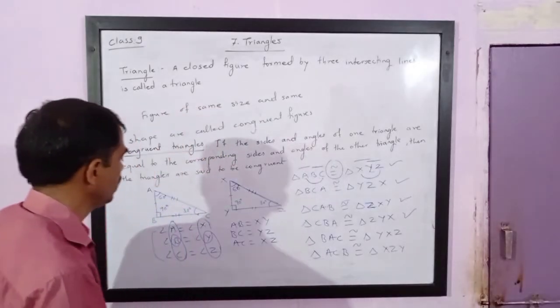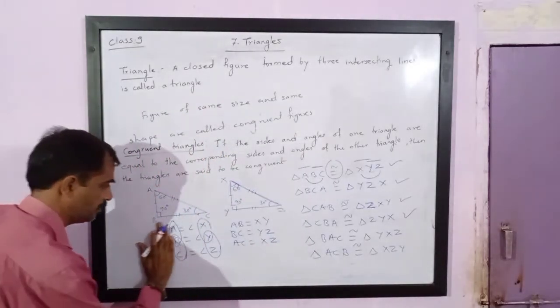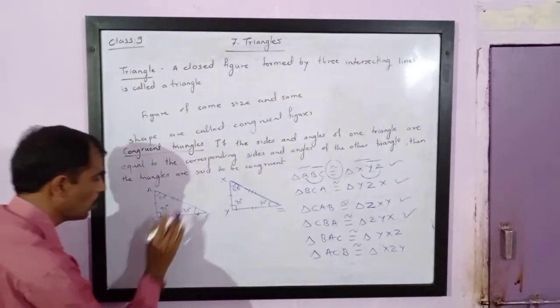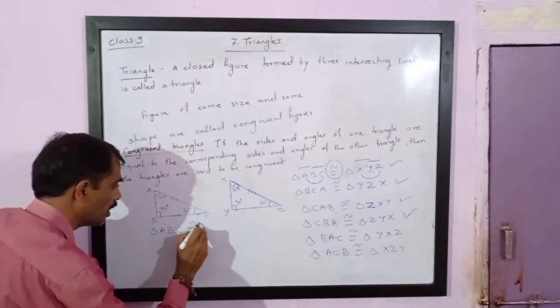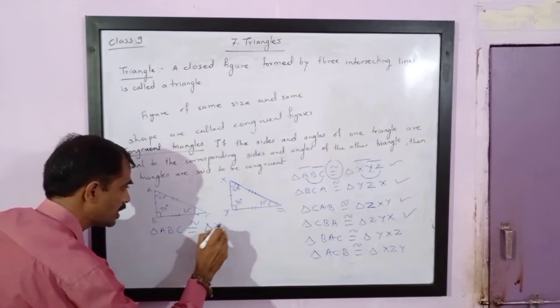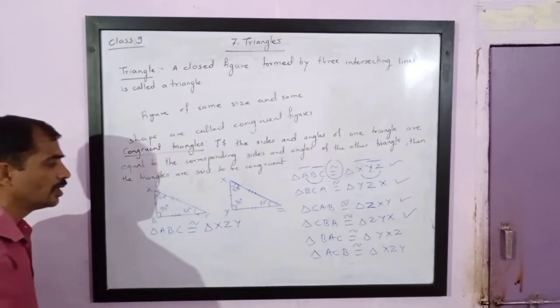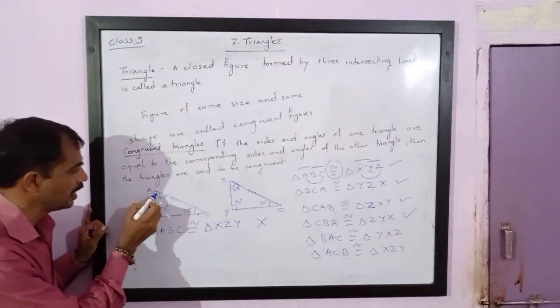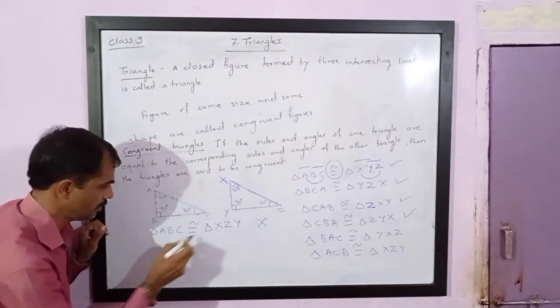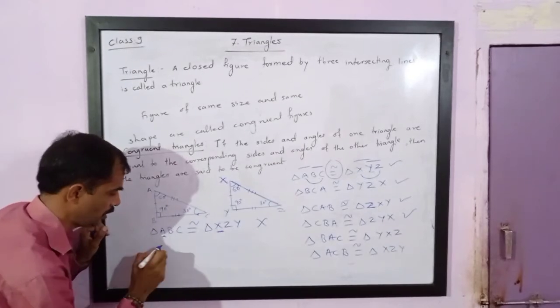I will need a place, so I am erasing here. When I say triangle ABC is congruent to triangle XZY, this answer is completely wrong. Why? Try to understand. Here A is congruent to X, so it is possible.